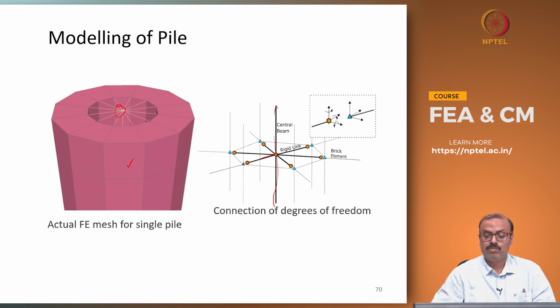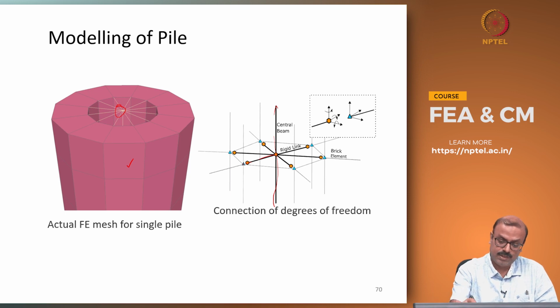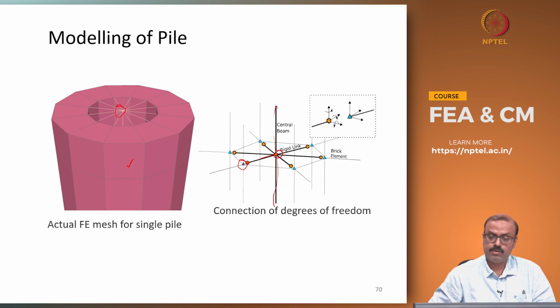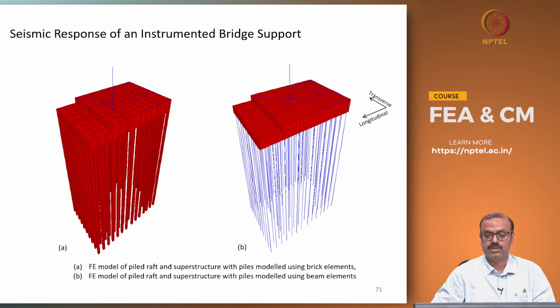For now, this node belongs to the continuum solid element, and this node belongs to the central beam, connected by the rigid link. This way we can have both the continuum element as well as the beam without interfering with each other's properties.